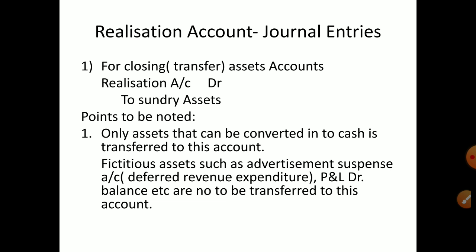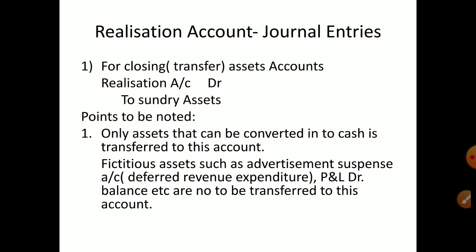Okay, so how to prepare the realization account? First we will discuss that. Here we are closing the business. I told you we have to close the balance sheet. So for closing the assets and the liabilities, first we have to pass journal entries.